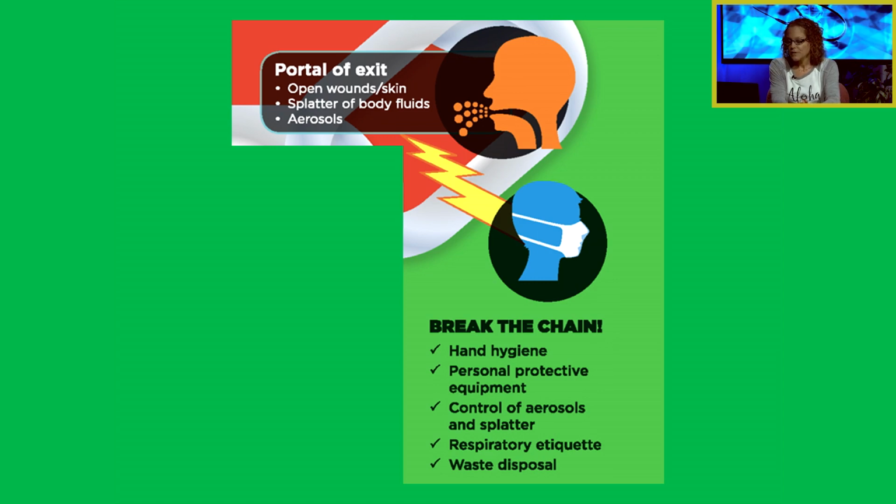And so a portal of exit would be open wounds on our skin and a splatter of body fluids, right, from coughing is a good example of this, or in some cases we're cleaning out a wound, maybe the patient's getting pulsatile lavage where they're spraying a wound down, and while that's being sprayed, there's kind of this splatter of fluids in the room.